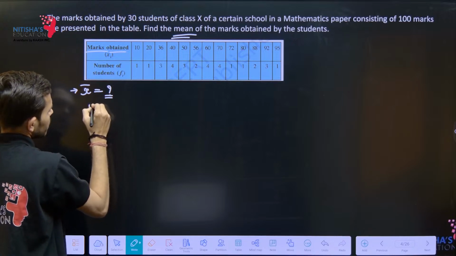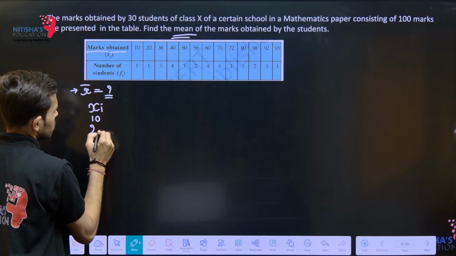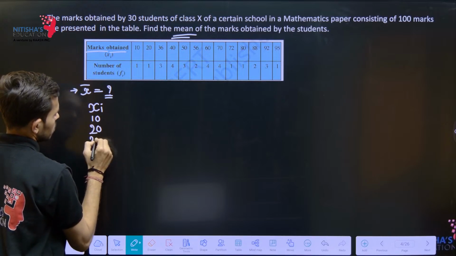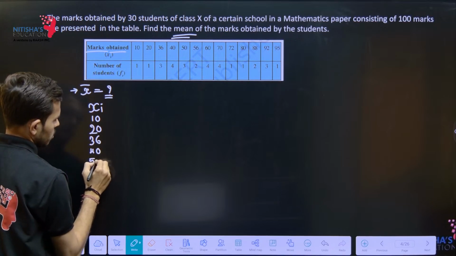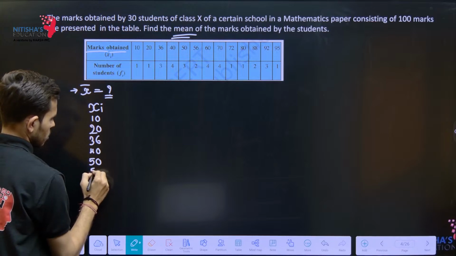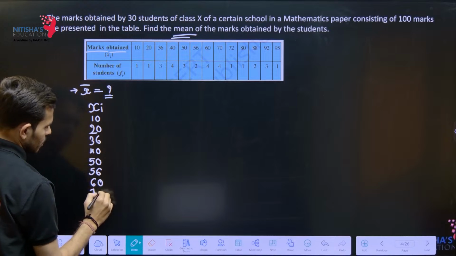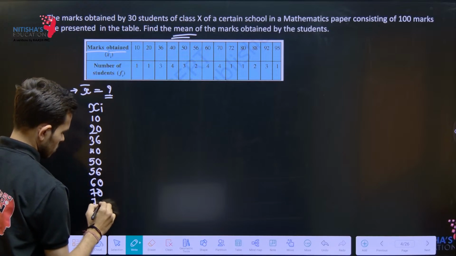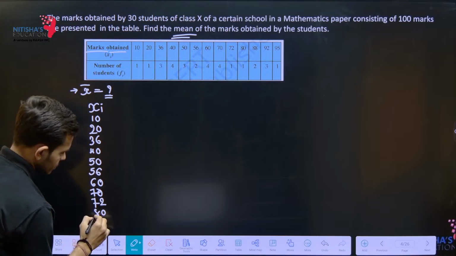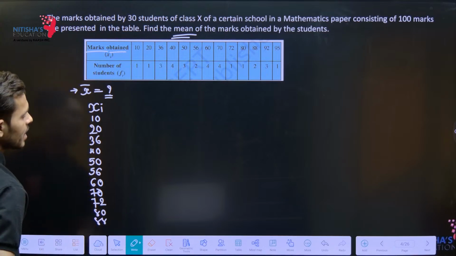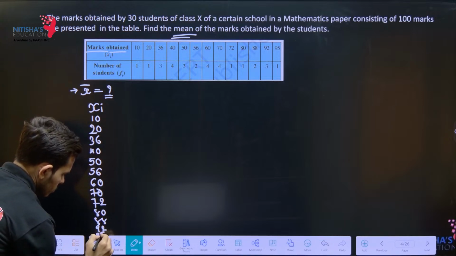Marks obtained can be represented by xi. It's 10, 20, 36, 40, 50, 56, 60, 70, 72, 80, 88, 92 and 95.